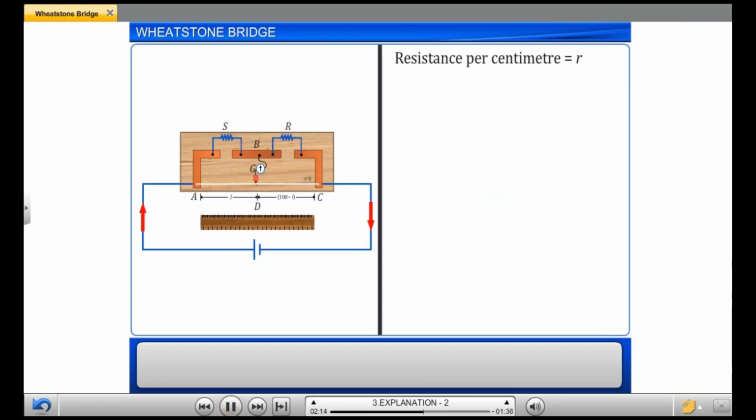Let r be the resistance per centimeter of the standard wire. As the area of cross-section of the standard wire is constant, its resistance is proportional to its length.